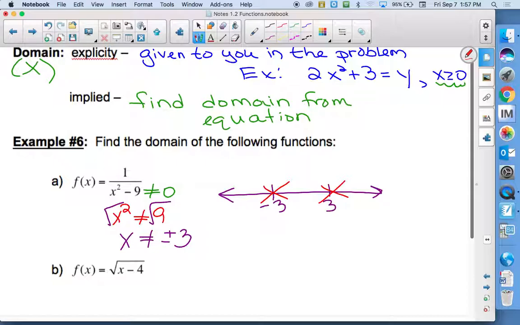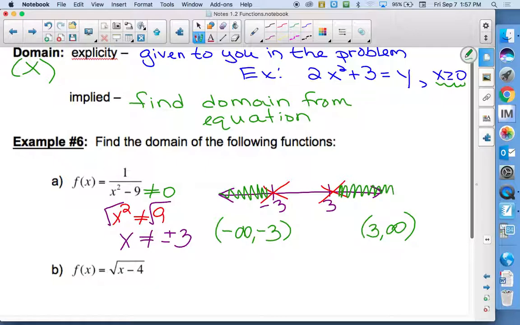How do you show that, Alice? Well, so it'd be -infinity to -3, and then 3 to infinity with the parentheses around the 3. Okay, so she has -infinity to -3. That gives me this part down here. She also gave me 3 to infinity, and that gives me this part up here.